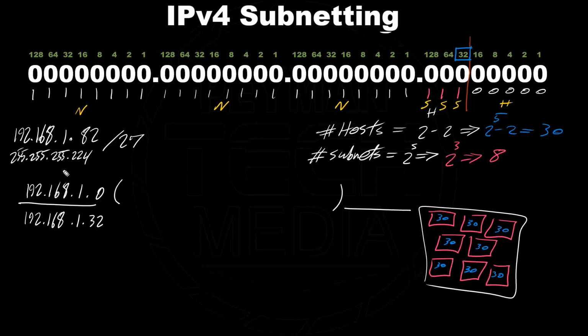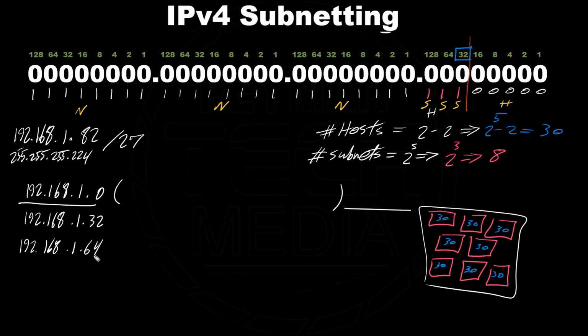And remember, these are the network addresses in this column, and in this column, our broadcast addresses. Okay, if I want to continue, moving on to the next subnet would be 192.168.1.64. If I want to continue, keep incrementing by 32 because of the network increment ID. Okay, that's enough.